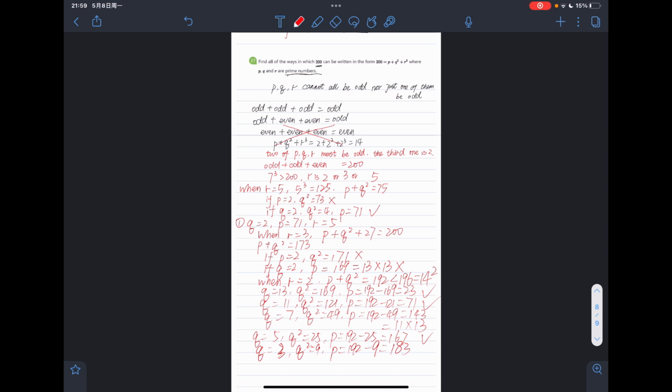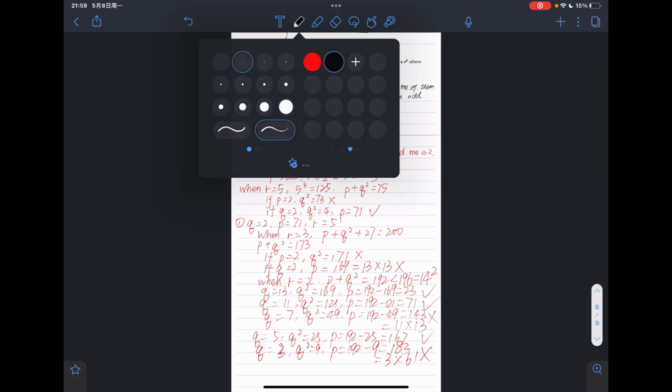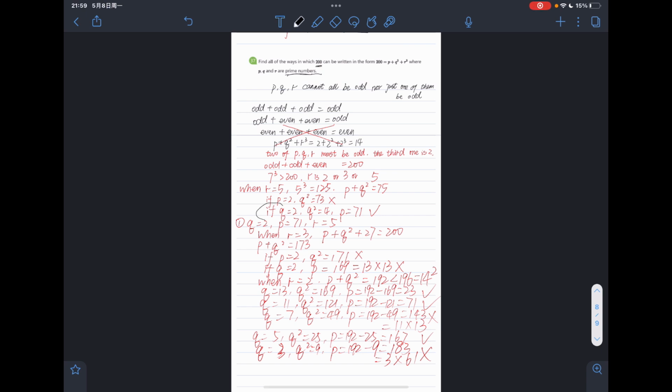All right, because it can be expressed as 3 times 61, which is not prime. Therefore, have you noticed these 4 possible answers?